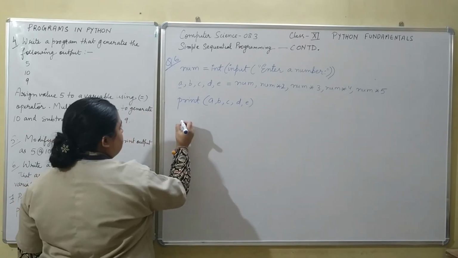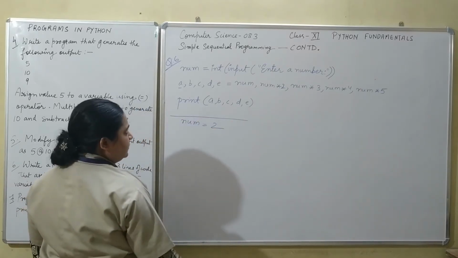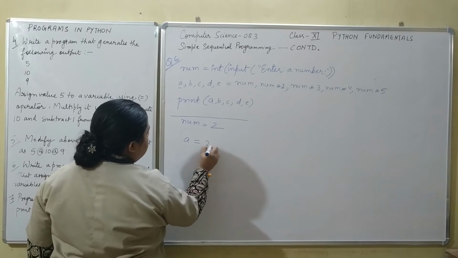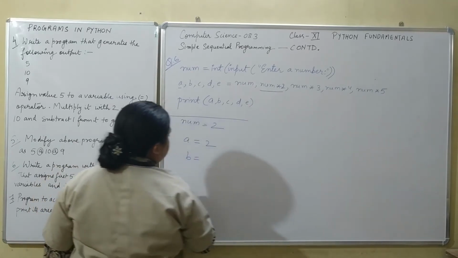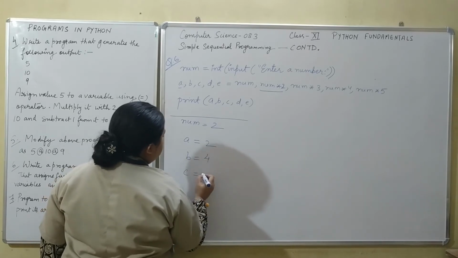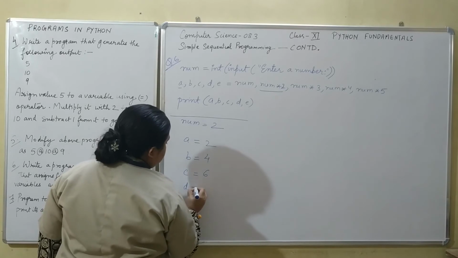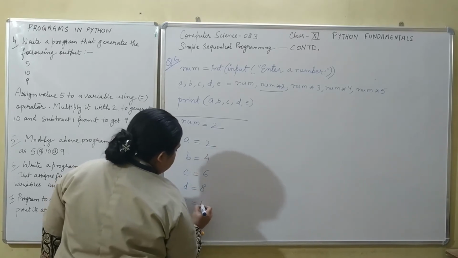Now how it works? Suppose the value of num which is asked from the user is 2. So A will contain what? 2. B will contain what? You can see B will contain num multiplied by 2. C will contain num multiplied by 3, that is 2 3s are 6. D will contain 2 multiplied by 4 and E will contain 10.